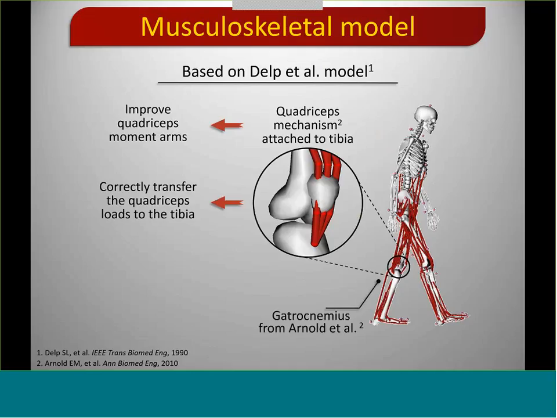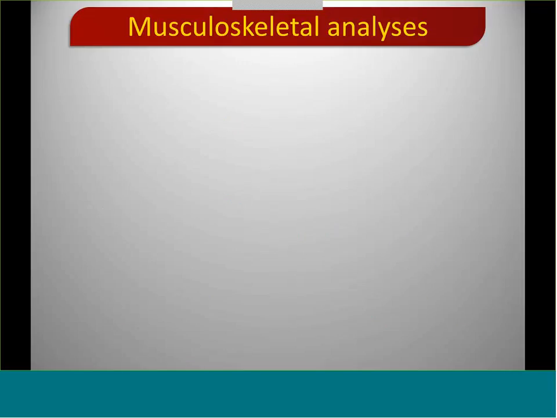The second change was that the gastrocnemius muscle was taken from a different model presented by Arnold et al. And this was done because the moment arms of this muscle model are more consistent with cadaveric measurements from the literature.